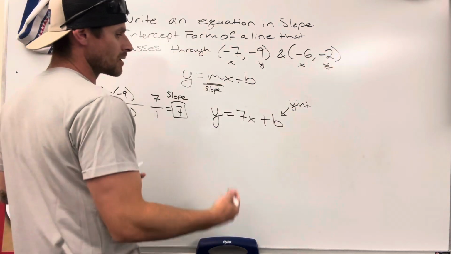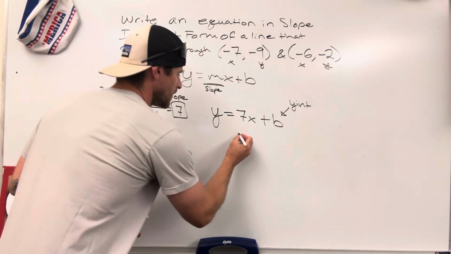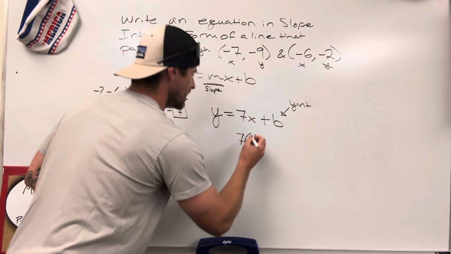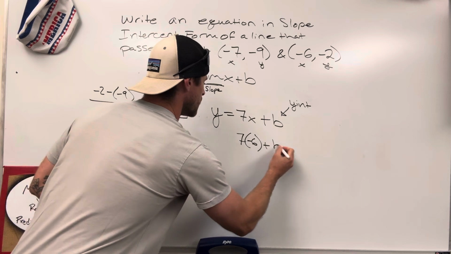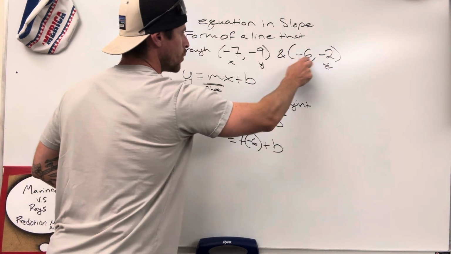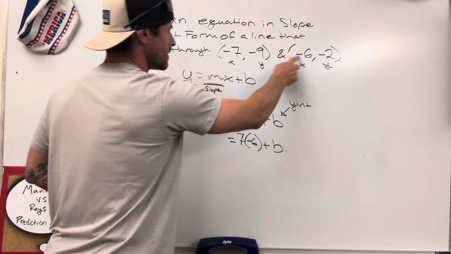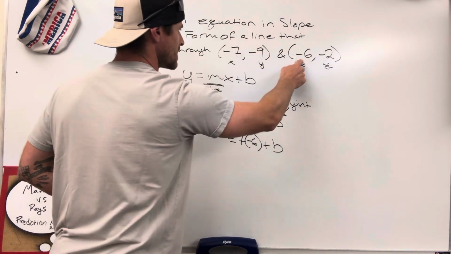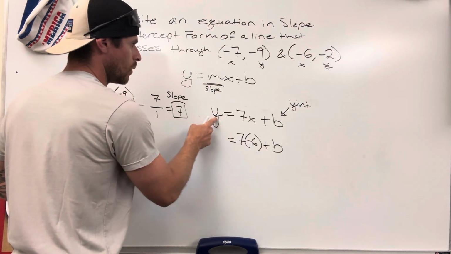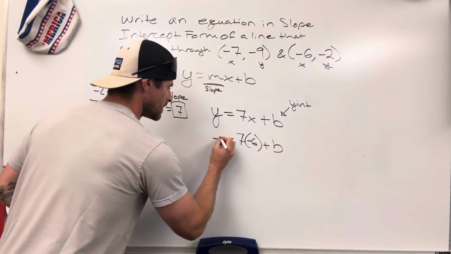It looks like it'll be a little simpler for me, so I'm going to plug in a 7 times x, which in this case my x is a -6. And then I'm going to put a y value. I got to make sure I use the connected point. So I can't take this -6 and use that -9. I got to use the same coordinate for both parts. So -6 goes there. Y is -2. That's going to go right there.